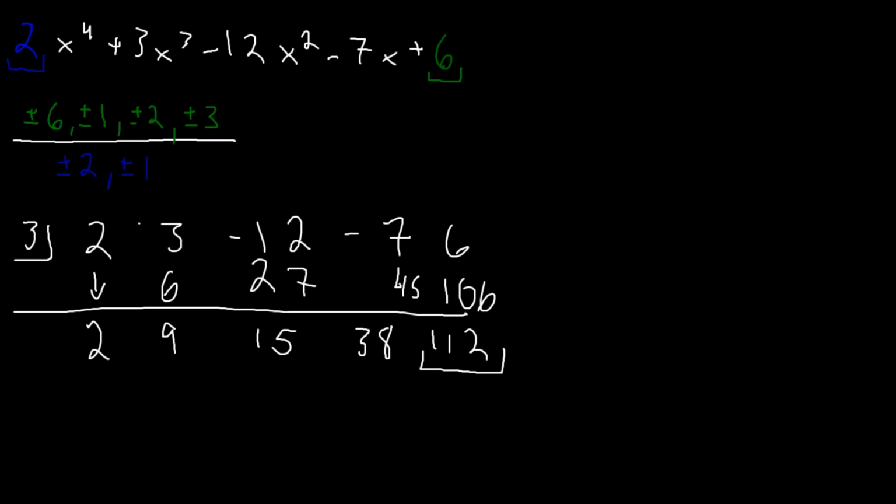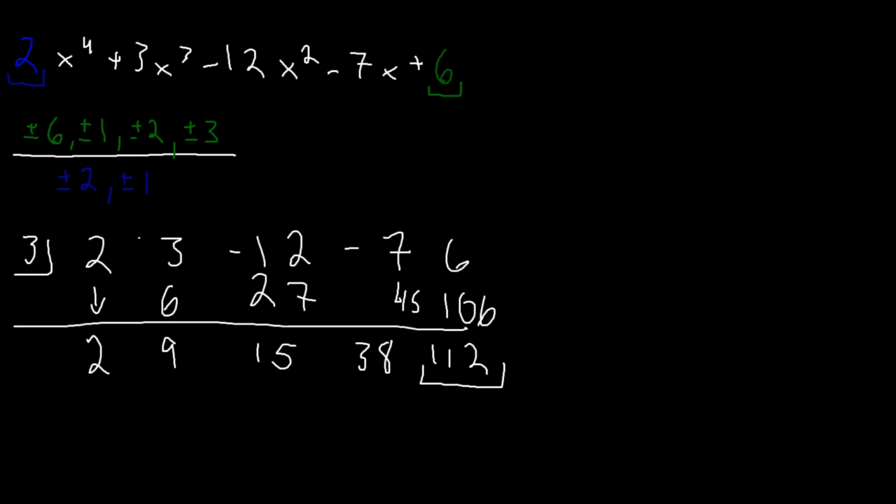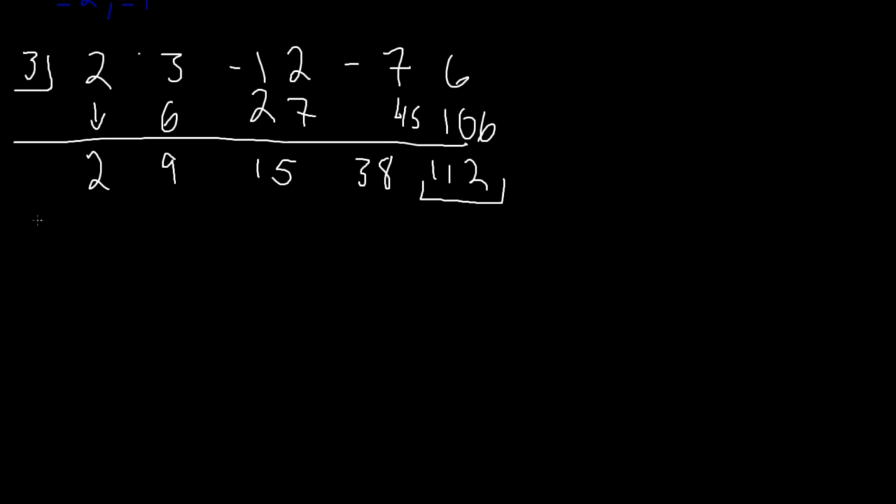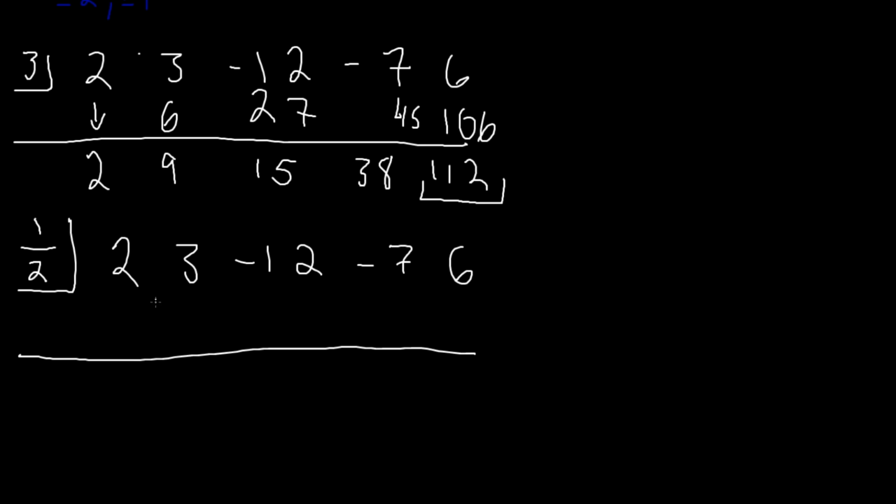Now let's try positive 1/2. So if we try positive 1/2, we got 2, 3, negative 12, negative 7, and then 6 again. And then drop down the 2. 2 times 1/2 is 1. 3 plus 1 is 4. 4 times 1/2 is 2.